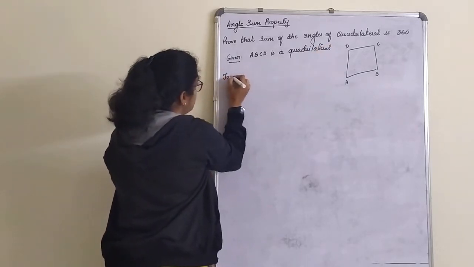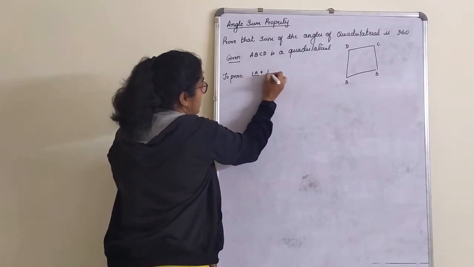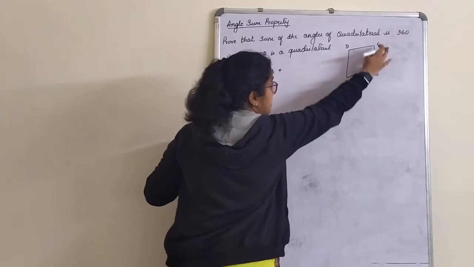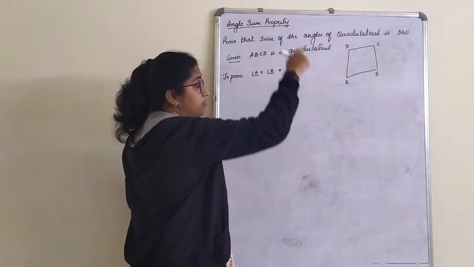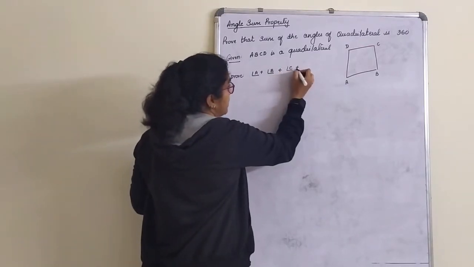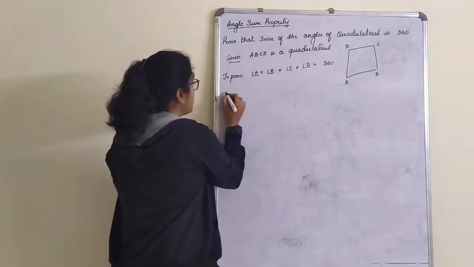What we have to prove? To prove: angle A plus angle B, it has to always go cyclic, A, B, C, D. You can't draw A, B and C, D like this. The quadrilateral should always be cyclic. Angle A plus angle B plus angle C plus angle D is equal to 360 degrees.